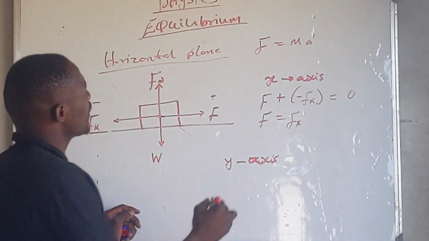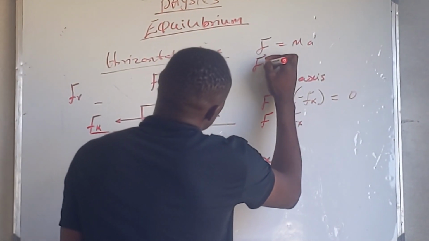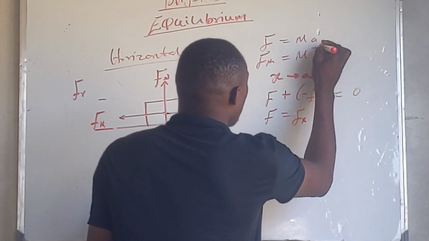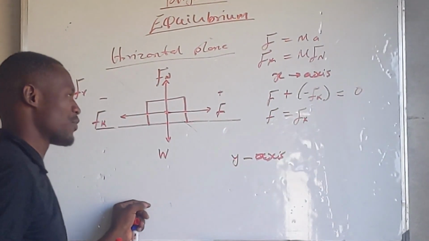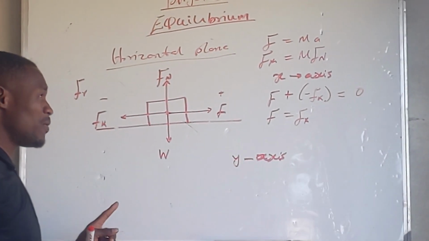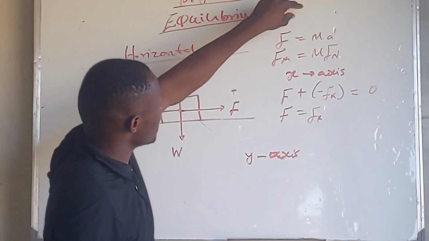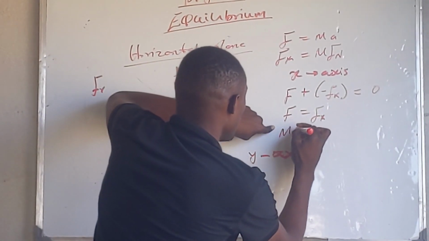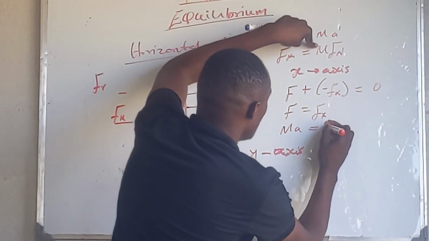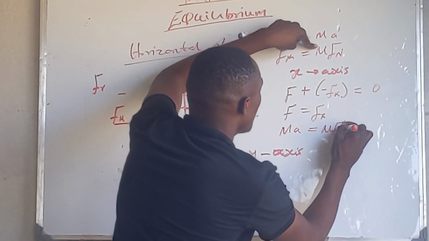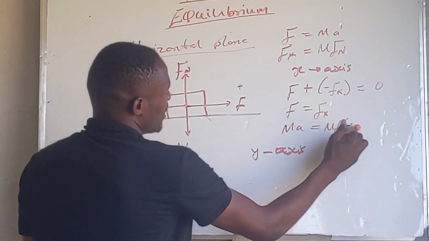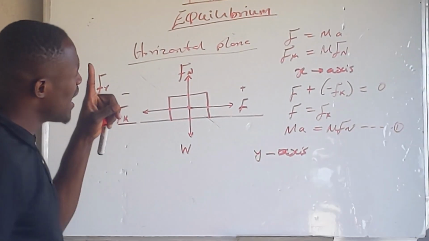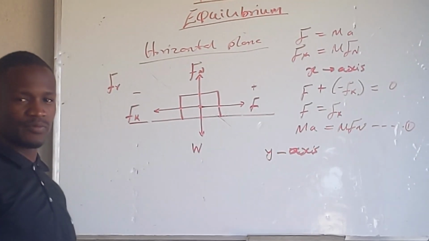Then the force of friction, which is Fk, is always equal to mu multiplied by the normal force. Now, we can do the replacement where there is F, we put Ma. So we can say Ma is equal to mu multiplied by normal force. This is the equation that we have as equation number 1 for our x-axis forces.